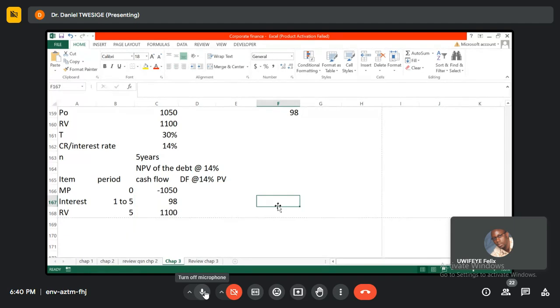I hope we are there together. Is that redeemable value equal to par value plus 10% premium? Yes, par value plus 10%.